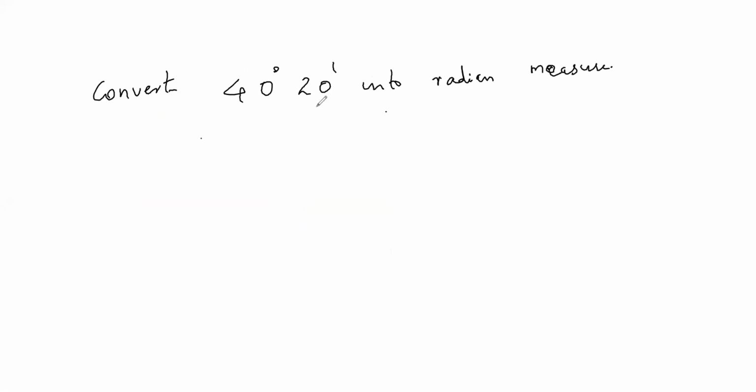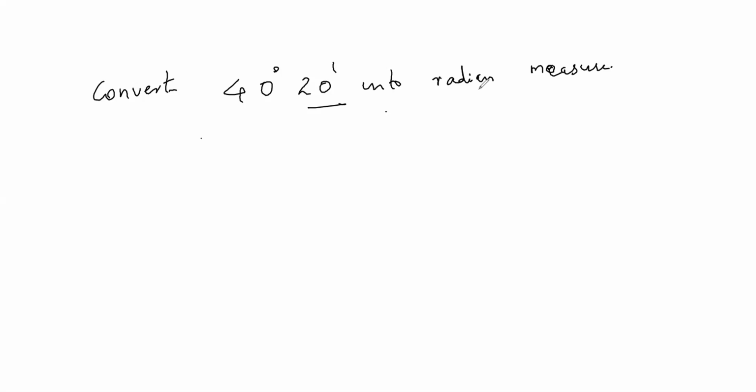Can anyone tell me what is this 20 dash? 20 dash is minutes. Very good. 20 minutes in the sense what? It is 20 by 60. So that is 40. So what can I write here?